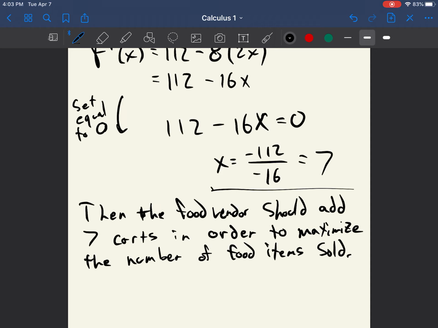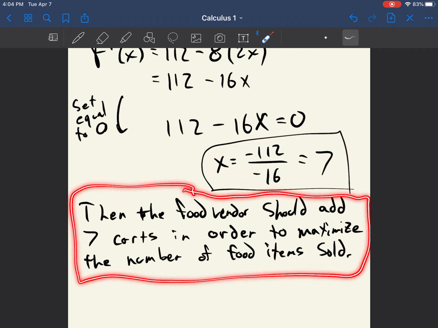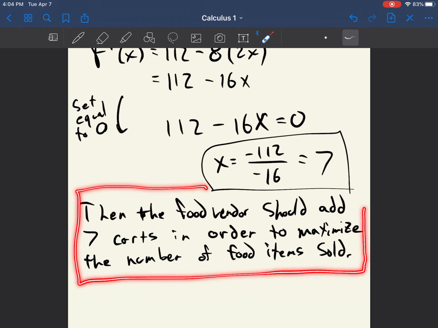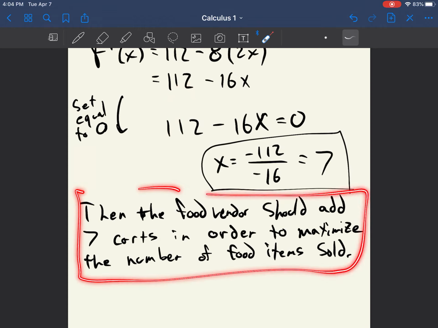Okay, so that's our solution, right? So once again, like I said, maybe in the previous video, the solution to this isn't necessarily this calculation or this number, it's really this sentence, right? So when you write down solutions to these problems, you should give me a concluding sentence, okay? So this is what the solution to the problem is rather than these calculations that are up here. Okay, so this concluding sentence.